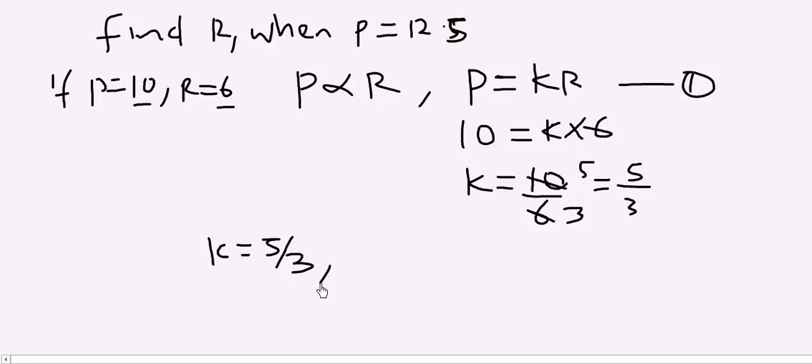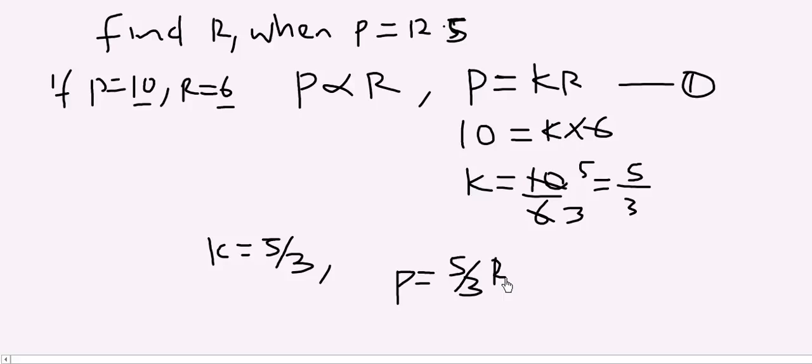So the relationship between P and R can be expressed as P is equal to, in the place of k, we'll put 5 over 3, R. So that's the answer to the first question. The relationship between P and R is P is equal to 5 over 3 R. But we are told to find R when P is equal to 12.5.